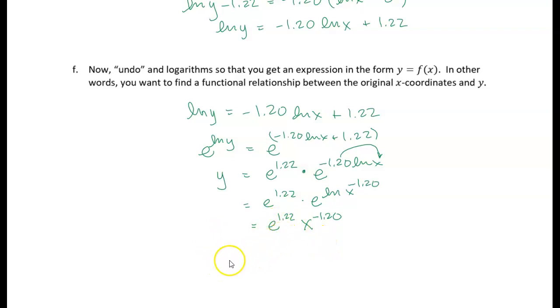Let's make this into a regular numerical constant. So our equation is 3.387, which is what e to the 1.22 is, times x to the minus 1.20. You can see that in this particular case, a power function actually models our data better than the exponential.